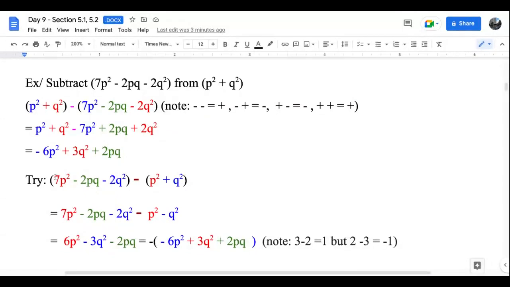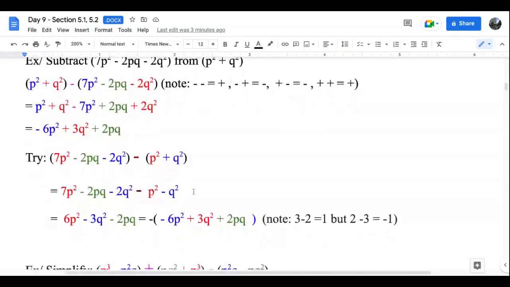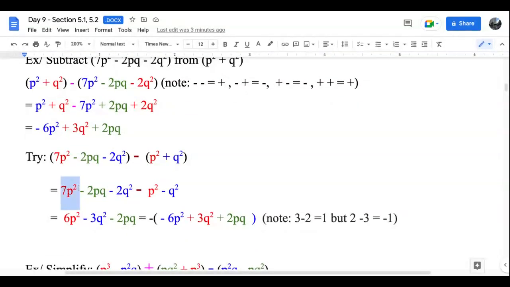Now we try the other way around. We use 7p squared minus 2pq minus 2q squared minus p squared minus q squared. So 7p squared minus p squared, that's 6p squared. Negative 2pq, with no like terms, stays negative 2pq.